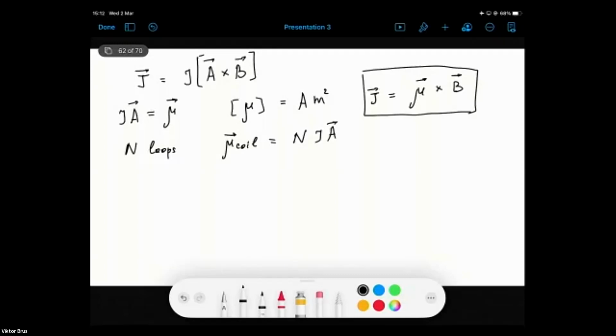We just need to know the magnetic dipole moment of a given current loop, and by a simple vector product we can get the torque vector, which is of our interest in this particular case.